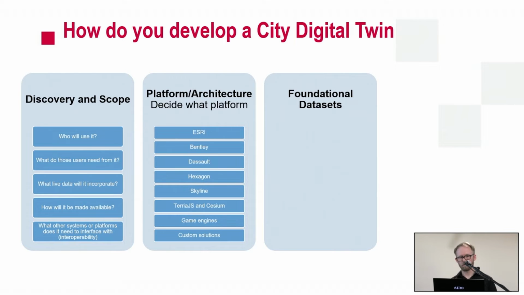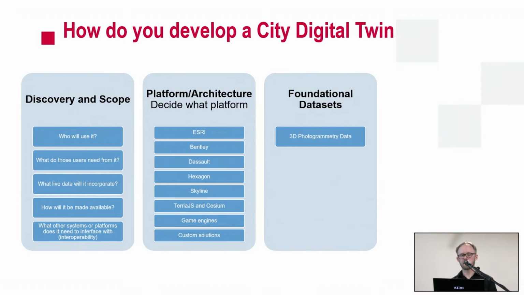And then once you've got the platform and architecture piece sorted, you need to then start populating it with data. And this comes in a lot of forms. Historical data is great to feed into digital twins because, again, that 4D aspect, being able to have multiple epochs or points of reference across any given location, gives you a real wealth of information to work on.